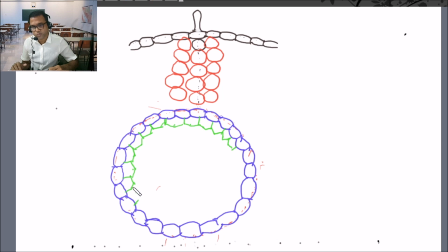And this pericycle is single layered and hexagonal in shape.